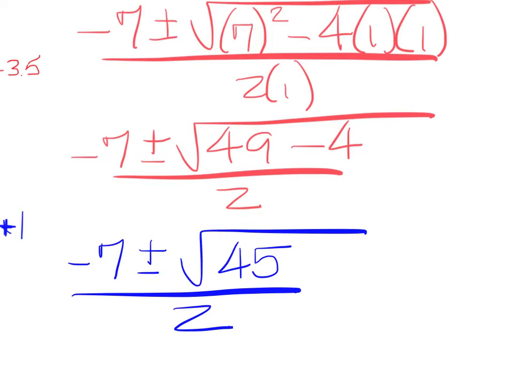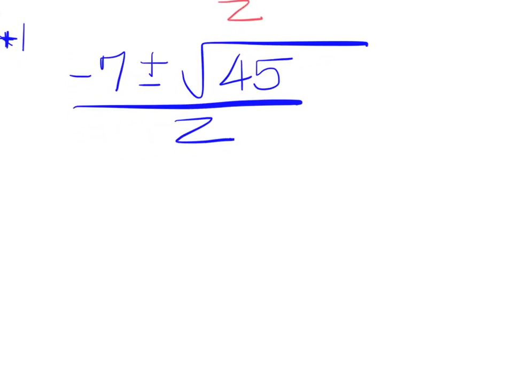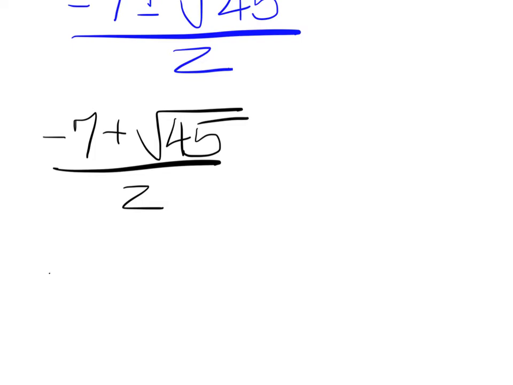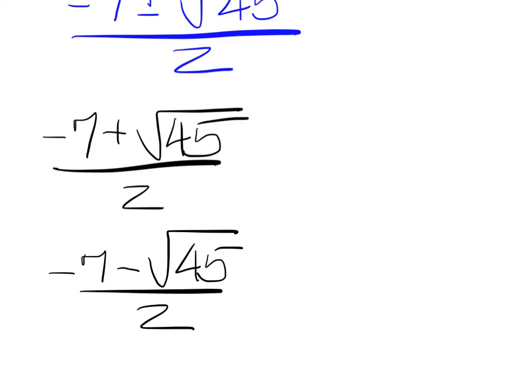When you reach this point, you have to do two problems. Your two problems you have to do are negative 7 plus the square root of 45 over 2, and the other one is negative 7 minus the square root of 45 over 2.